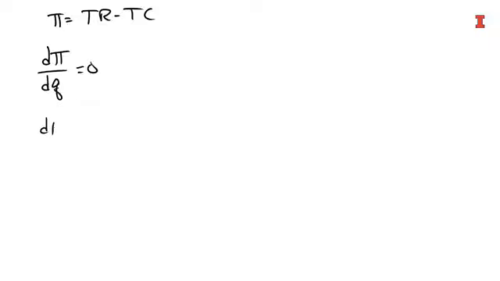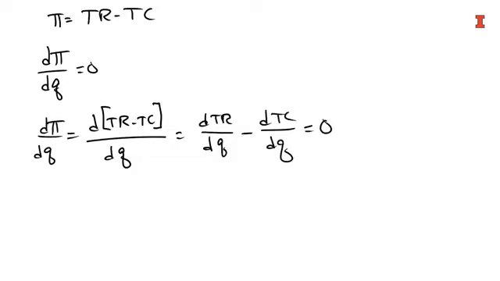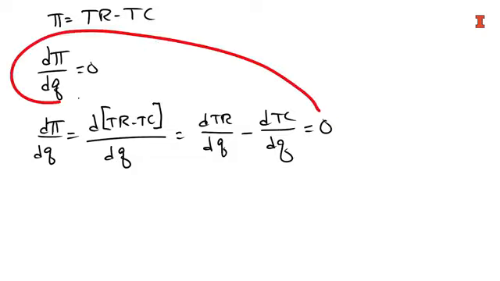Well, the derivative of profit with respect to quantity is the same thing as writing the derivative of total revenue minus total cost with respect to quantity, right? I haven't done anything fancy there, which is the derivative of total revenue over output minus the derivative of total cost over output. That's a simple distributive property. And I want to set this equal to 0, because that's how I know I'm going to maximize the function.